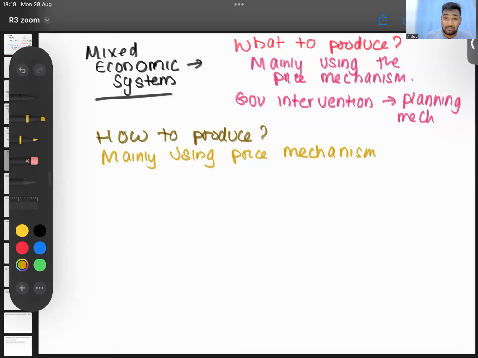So mainly using the price mechanism, they will select whatever method is cheaper. However, government will intervene. So government will intervene with things like subsidies to hire more and more people. They might give tax incentives, right?